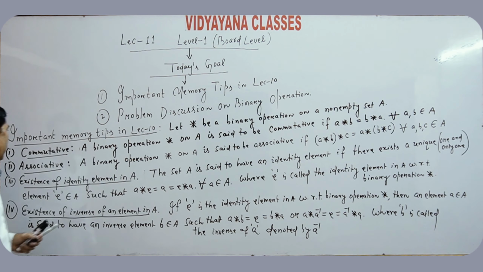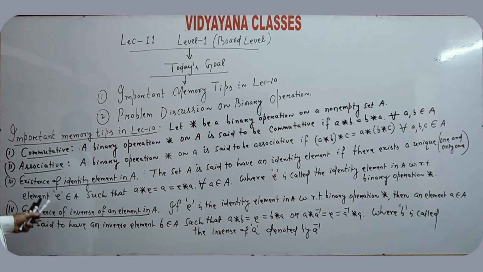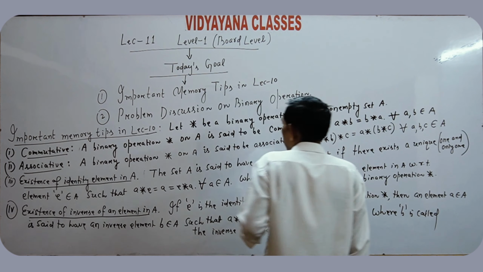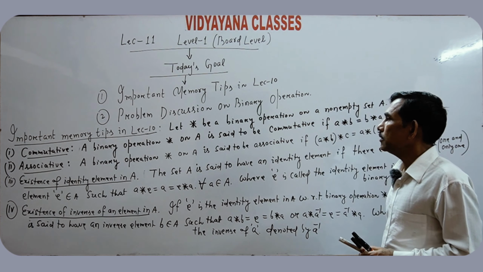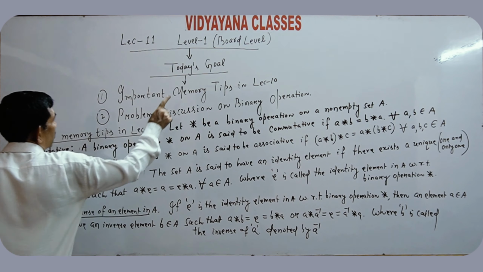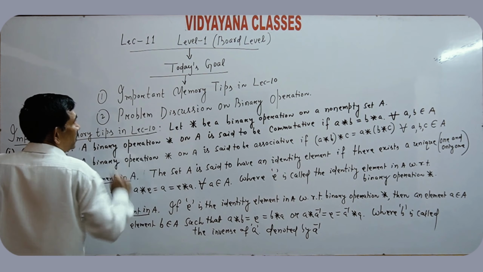These are the four definitions that help to solve the problems on binary operation. We have discussed these four definitions in lecture number 10.